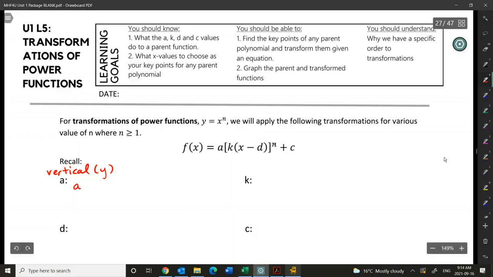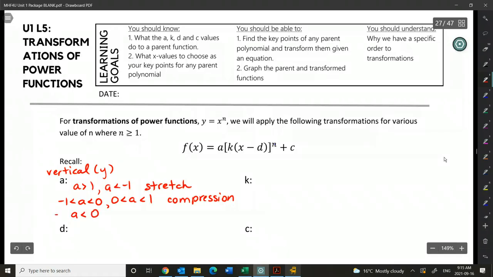So if a is greater than 1 or less than -1, this will cause a stretch to happen. If a is between -1 and 0, or 0 and 1, this is going to cause a vertical compression to happen. And if a is less than 0, or in other words, a is negative, this will cause the reflection part to happen.